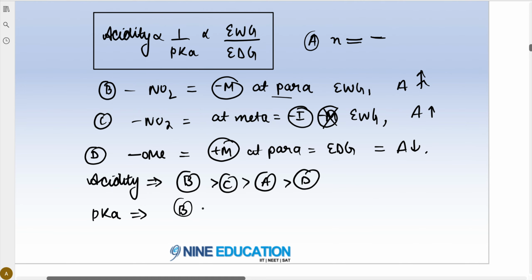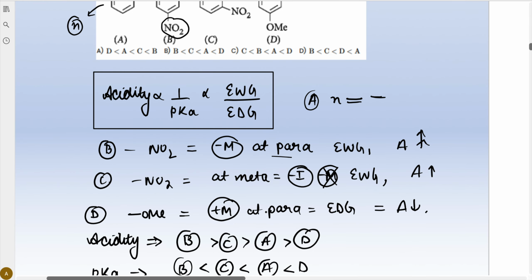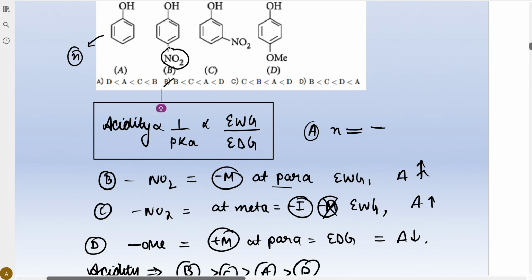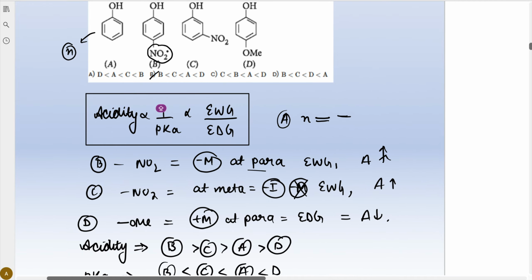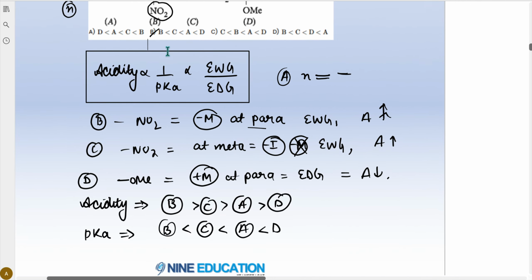So B will be lowest, then C pK value, then A, then D. So BCAD. So BCAD is given in which option? BCAD is given in option B. Try to check your answer. Option B is the correct one.